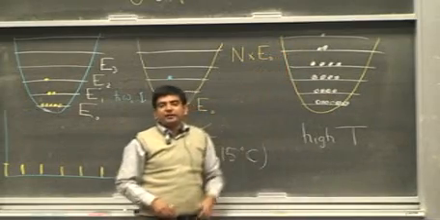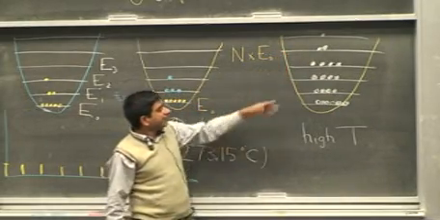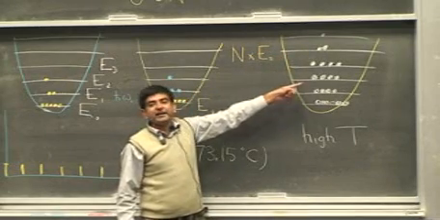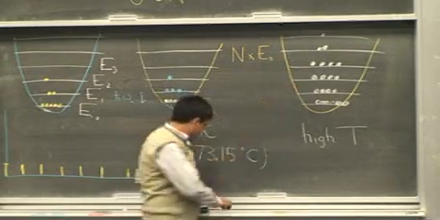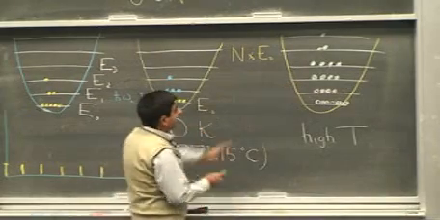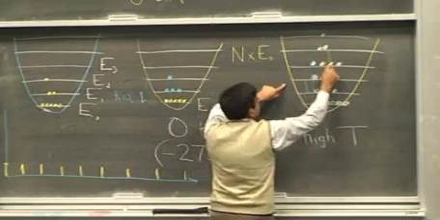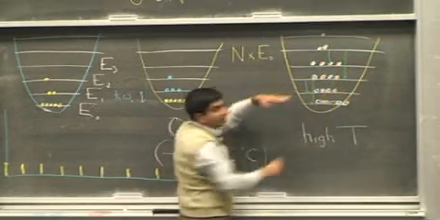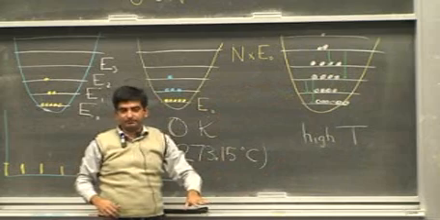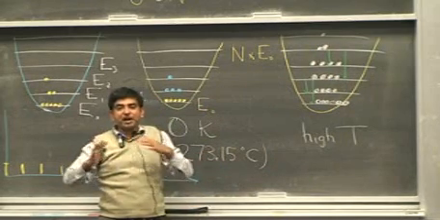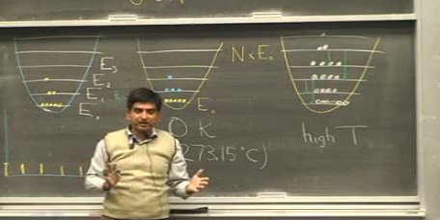Alright? Now what's going to happen is that these are excited states and this is the ground state. So an electron would like to jump from an excited state to lower energy states. So all kinds of transitions are possible downwards. And when these transitions are made, photons have to be emitted.